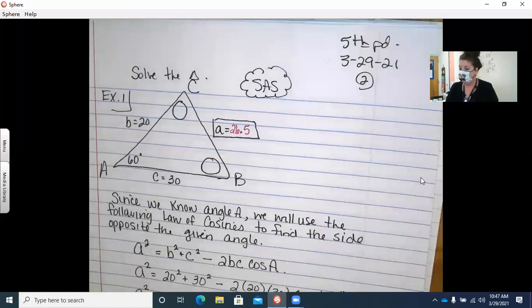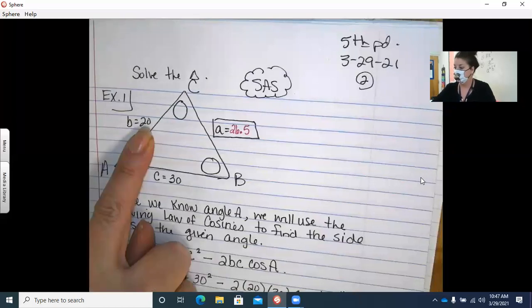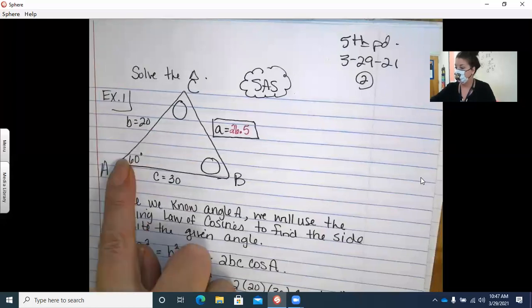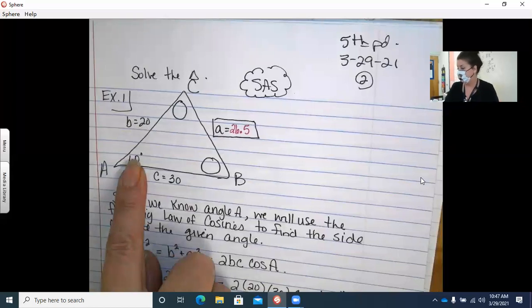So then our directions said, use the law of sines to find the angle opposite the shorter of the two given sides. Okay, so that would be side B, your 20. So we'll use law of sines, and I'm going to do A over sine of A, because I know both of those, equals B over sine of B. Okay.